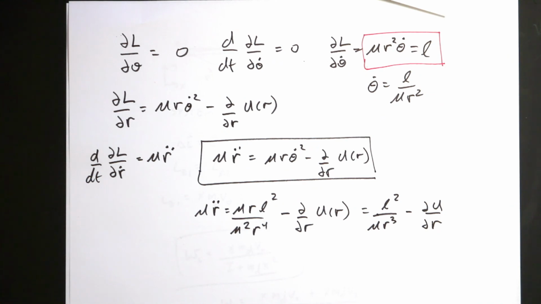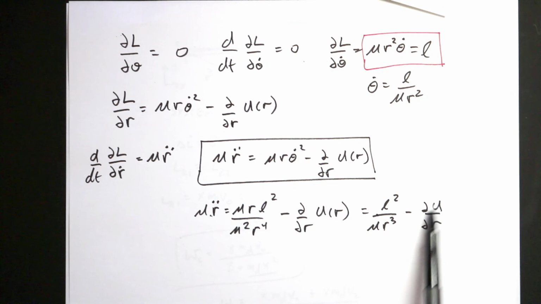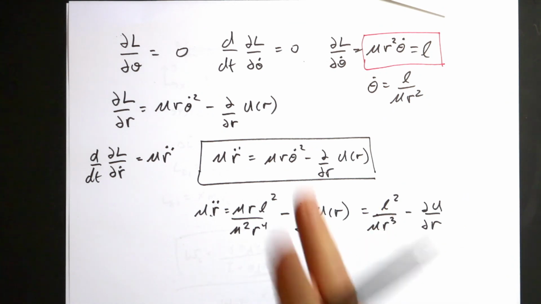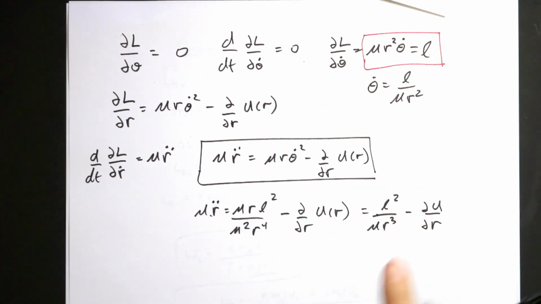We're done. We're technically done, right? We're done because now I have a one-dimensional differential equation with respect to r double dot, r, and this potential, which only depends on r. So I've gone from a 6 to a 3 to a 2 by using the angular momentum, and then 2 to 1 by using the Lagrangian.